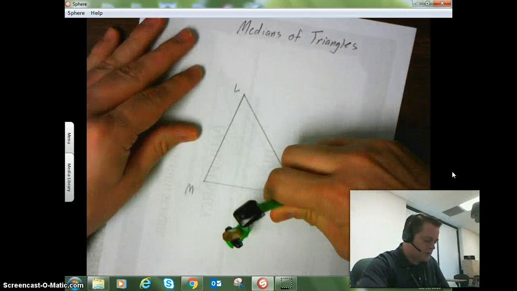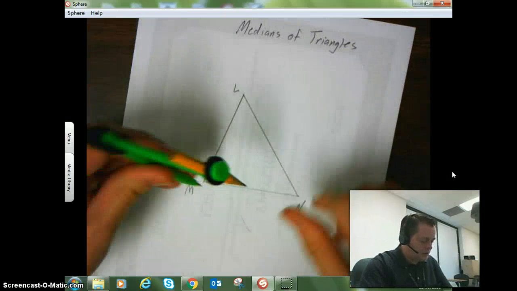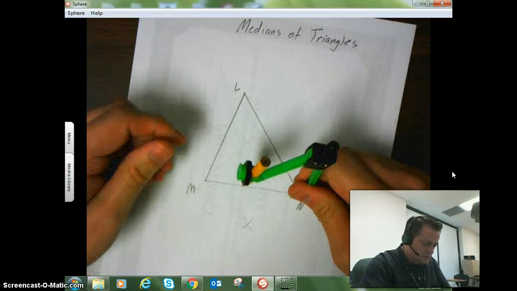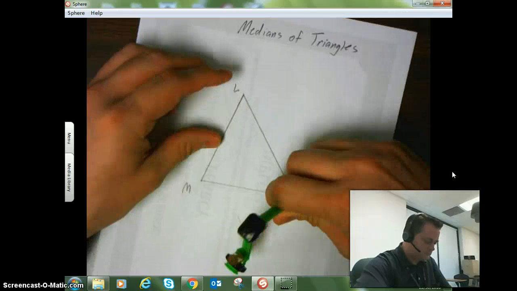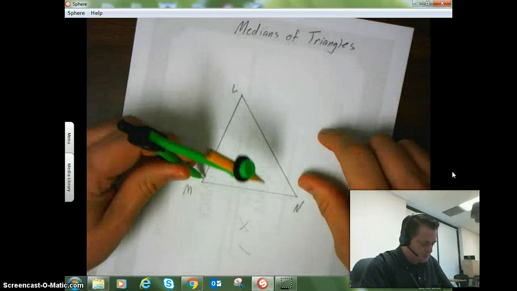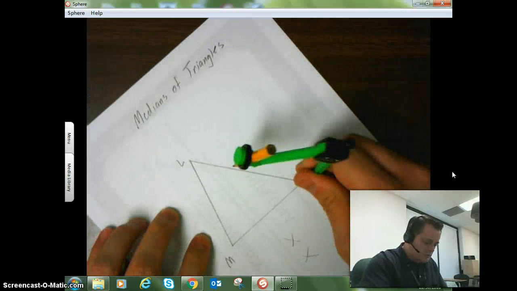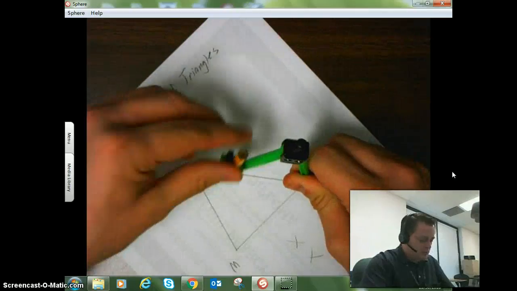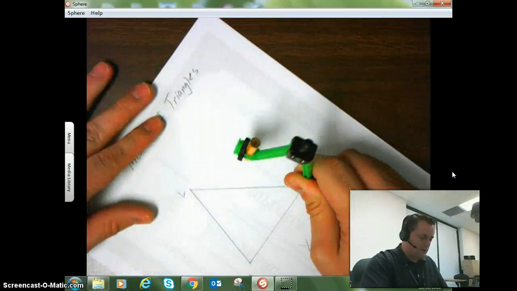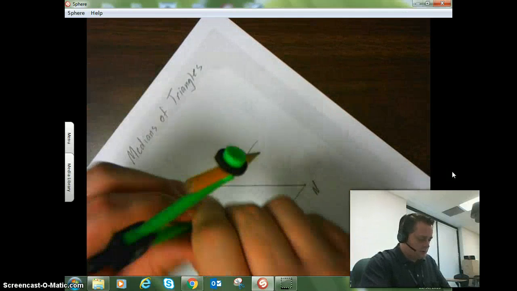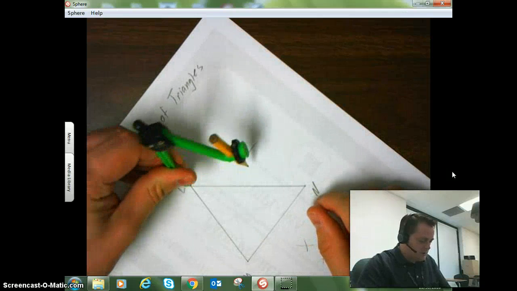So the first thing I'm going to do, so that I can get my medians on my triangle, is construct the midpoints for this particular triangle. The medians of the triangle, as we've seen in other lessons, are also going to create a point of concurrency.